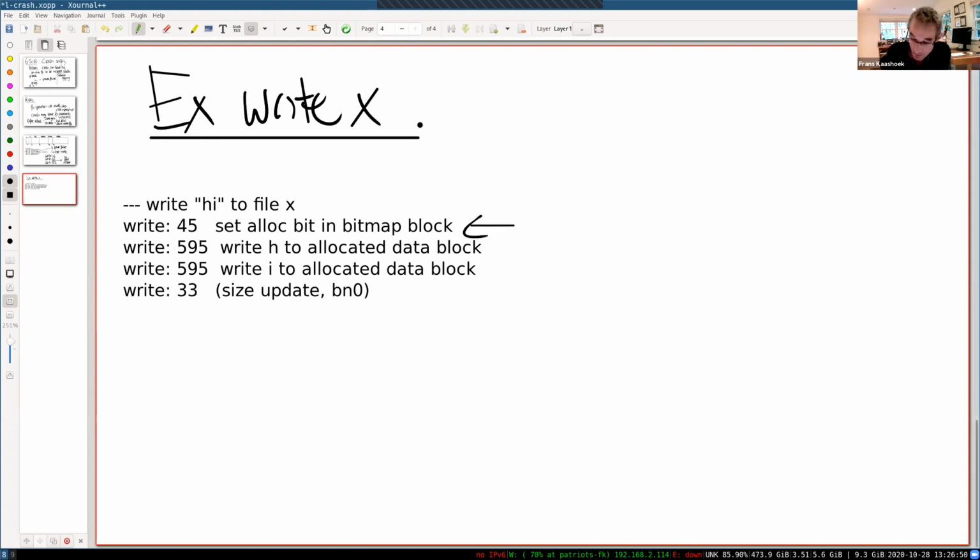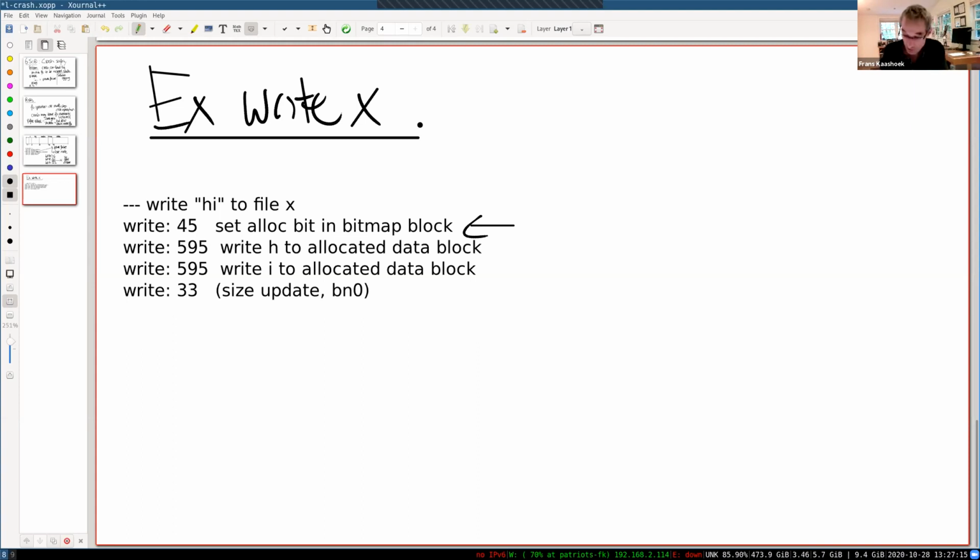So it sets a bit in the free map. Block 45 is the bitmap block, so it allocates a bit in the bitmap block to indicate that that block has now been allocated. That block turns out to be, I guess, 595. And then we write the character H to 595, and then the character I, and then we update the inode.